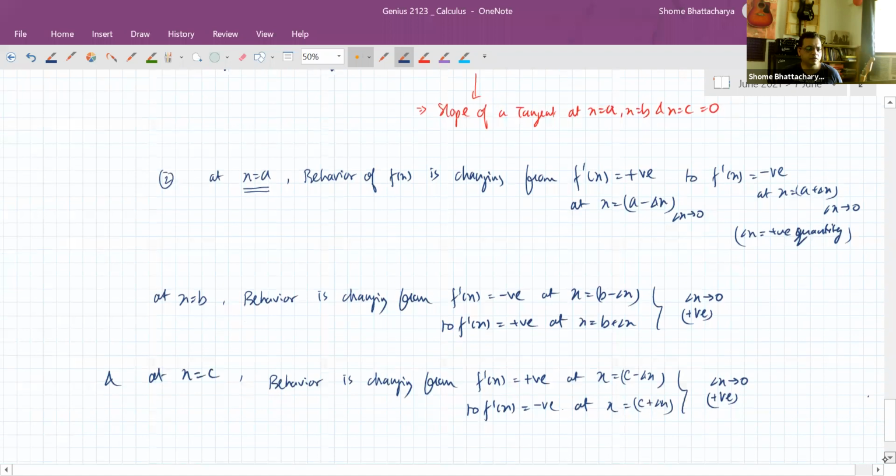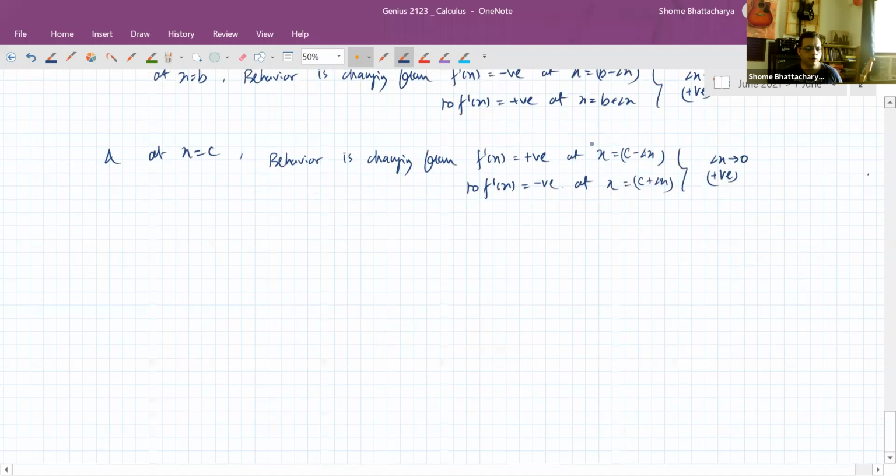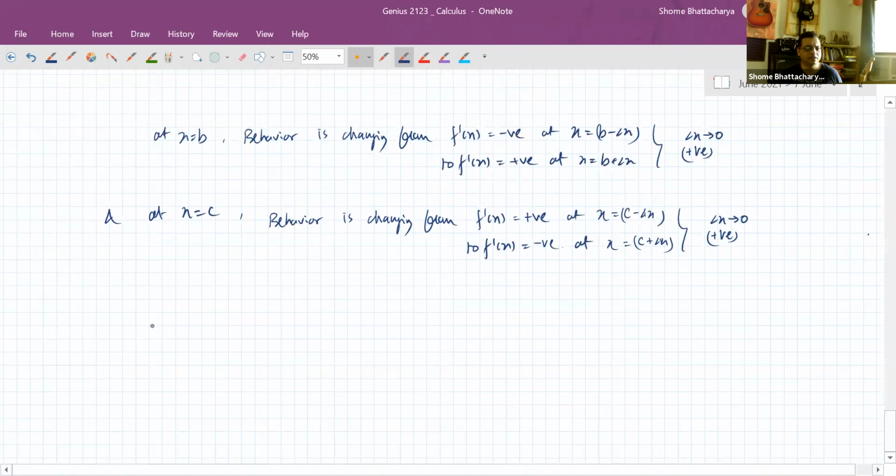Okay, so when we look at a particular point along with 2 points like this, it is called the immediate neighborhood of a point.